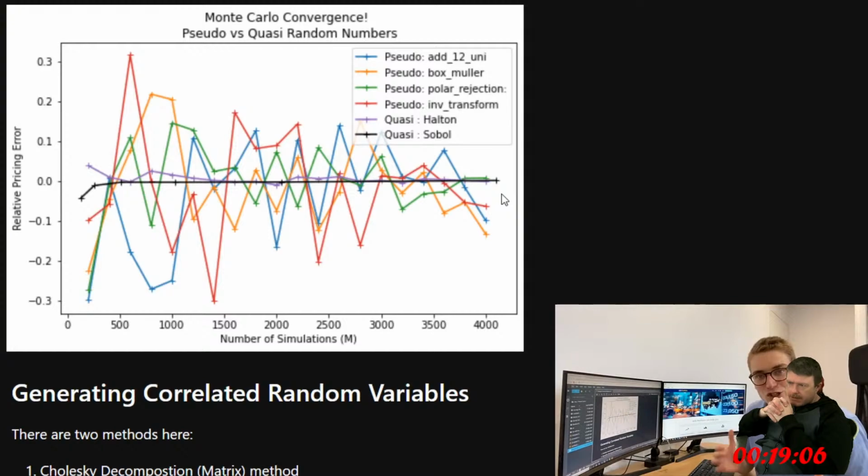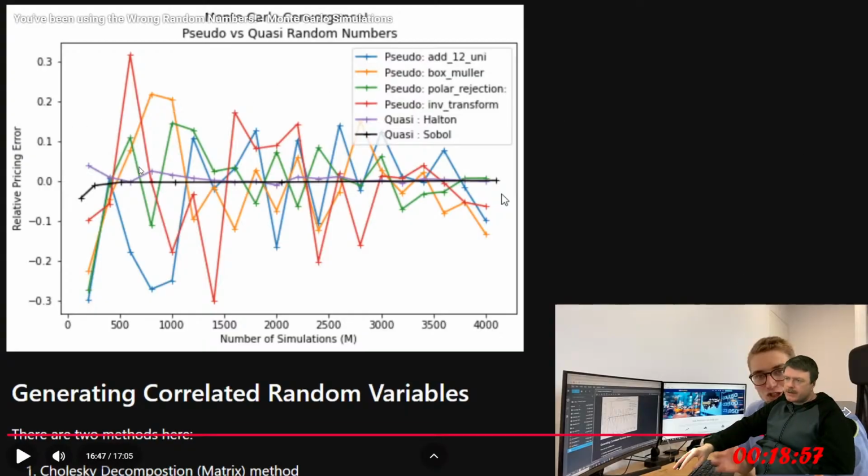That's the best. Quasi-random. Well, yeah, I mean the quasi one is going to be the best. Number of simulations, that one really did. But this doesn't take into account the CPU power per.